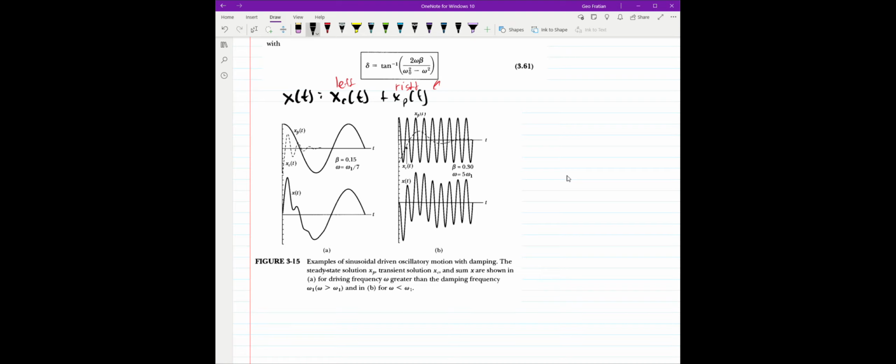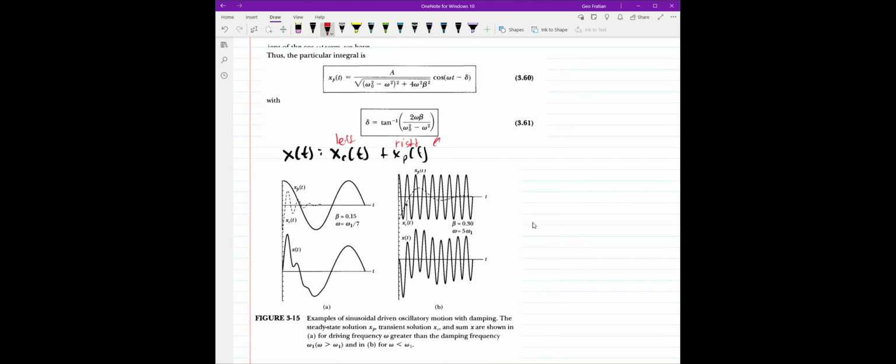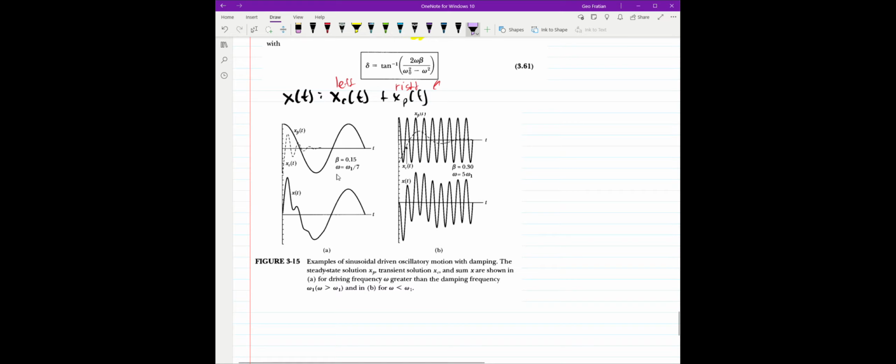Remember, the particular solution is just a number times a cosine, so the cosine has some amplitude. Our complementary solution is like our damped oscillator, and then we add them together and we get this weird phenomenon.